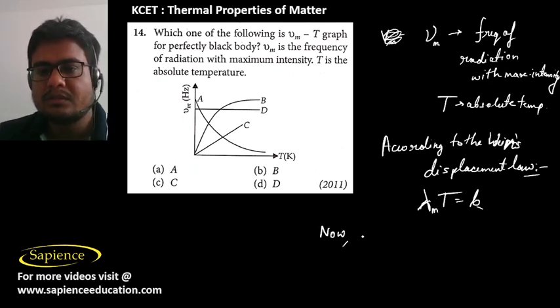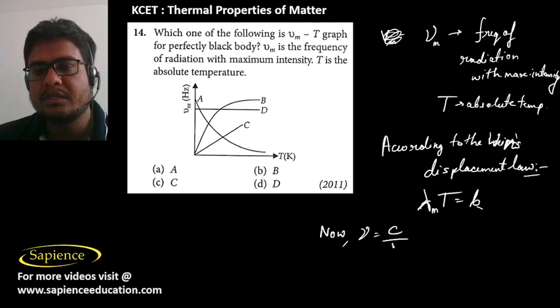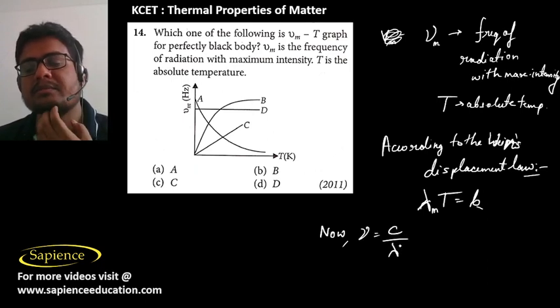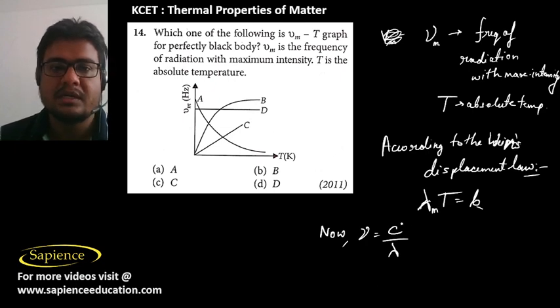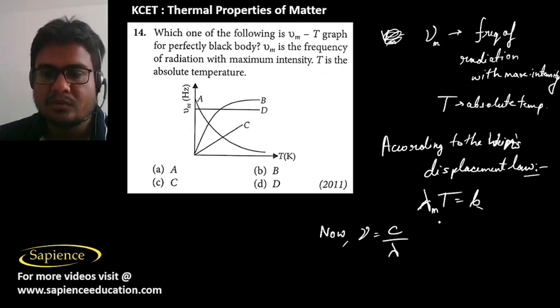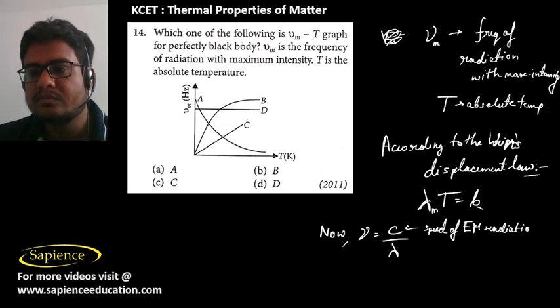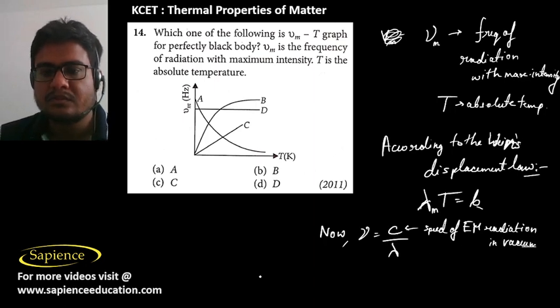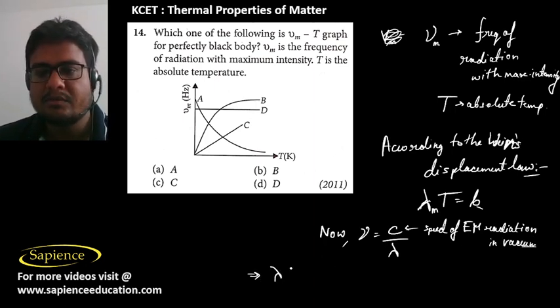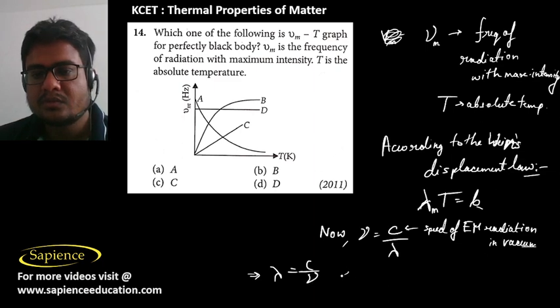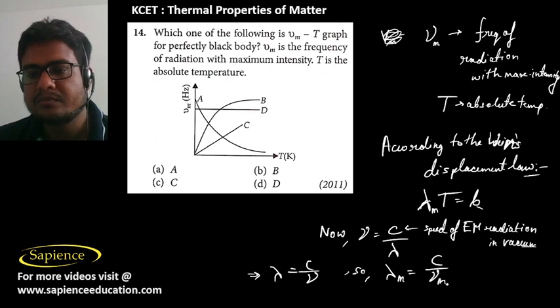Now we know that frequency is equal to c by lambda, where c is the speed of light in vacuum, or we can say it is the speed of any electromagnetic radiation in vacuum. So therefore lambda will be equal to c by nu, so lambda m will be equal to c by nu m.